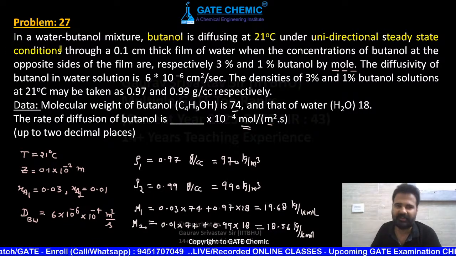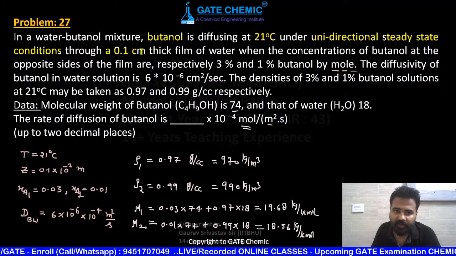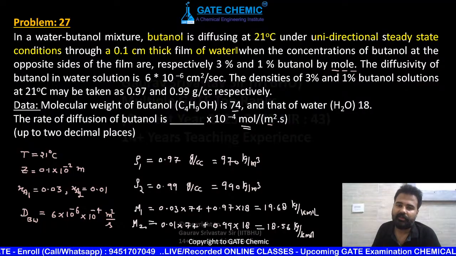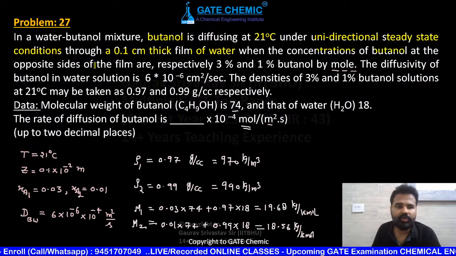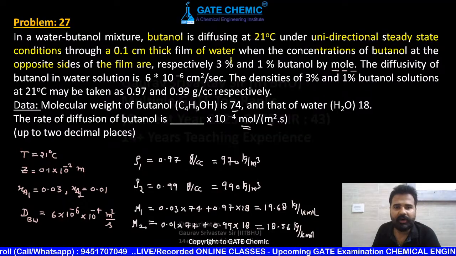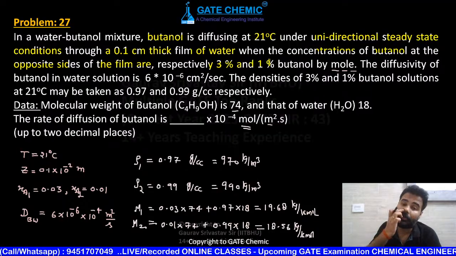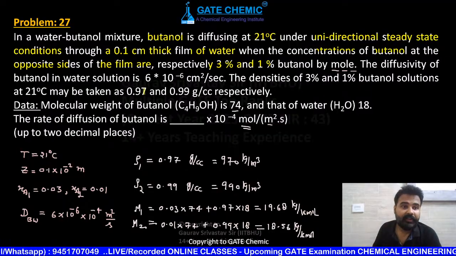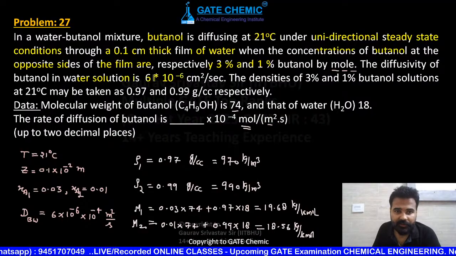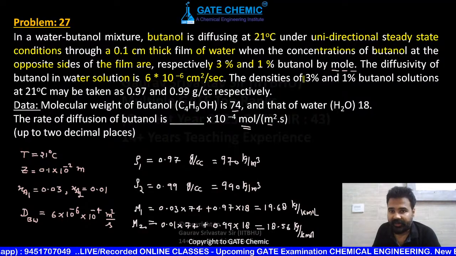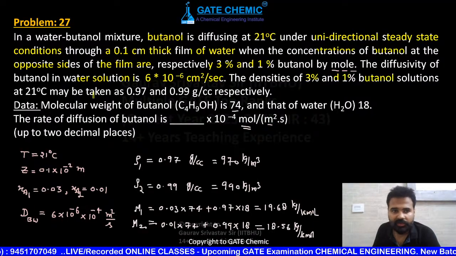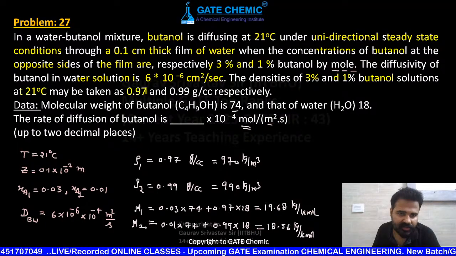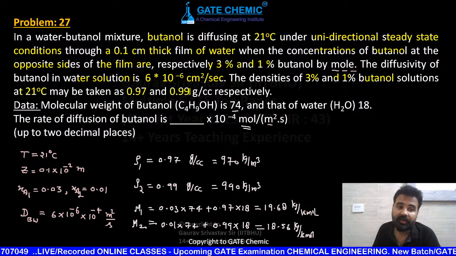Through a 0.1 centimeter thick film of water, when the concentrations of butanol at the opposite sides of the film are 3% and 1% butanol by mole, the diffusivity of butanol in water is this. The diffusivity value is given. Densities of 3% and 1% butanol solutions at this temperature are taken as 0.97 and 0.99.